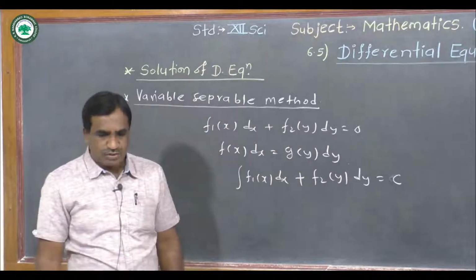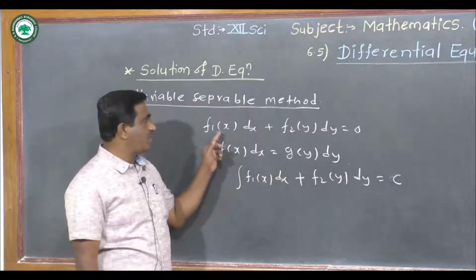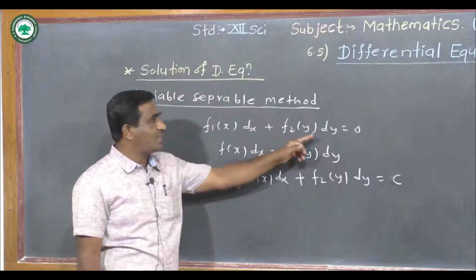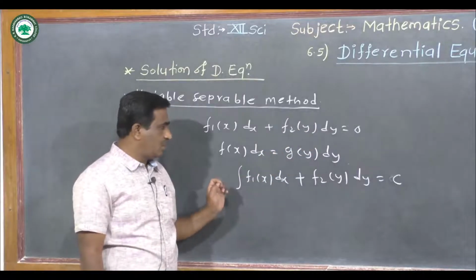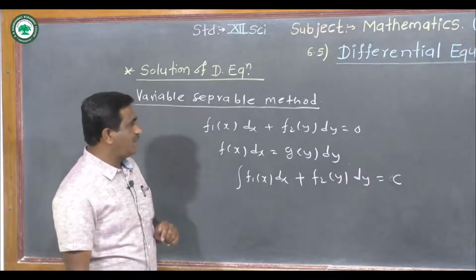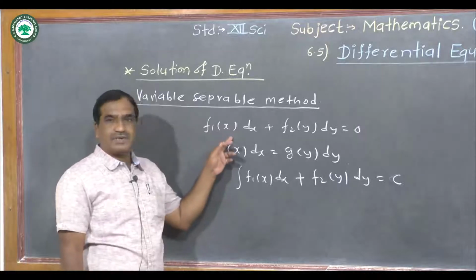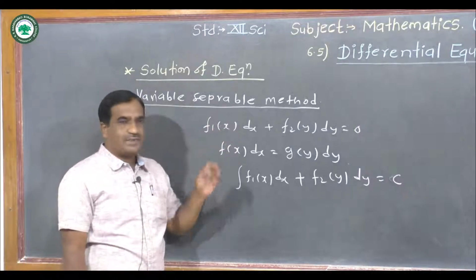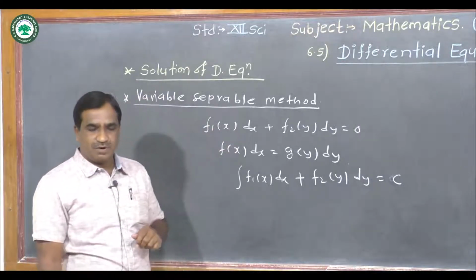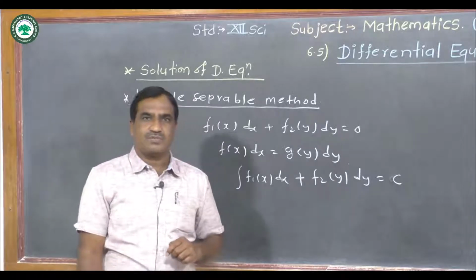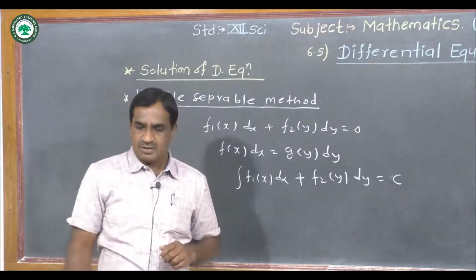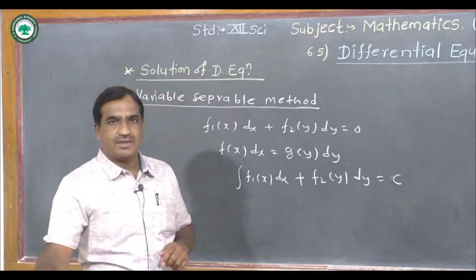This is the solution of the differential equation f1x dx plus f2y dy is equal to 0. In this method, first we have to write the given equation in variable separable form, and then take integration on both sides and find out the solution.